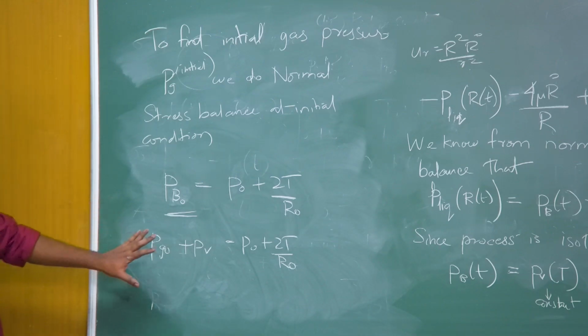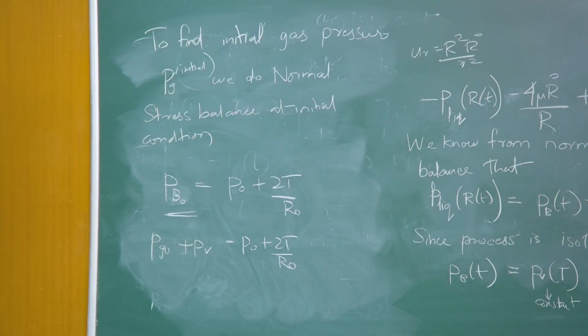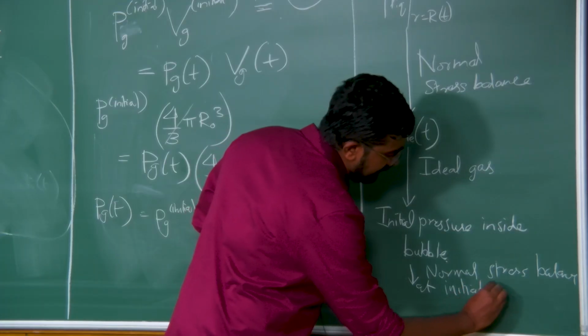Now, we have all the pieces. Okay. So, we found the initial pressure inside the bubble. Again, we used normal stress balance at initial condition.